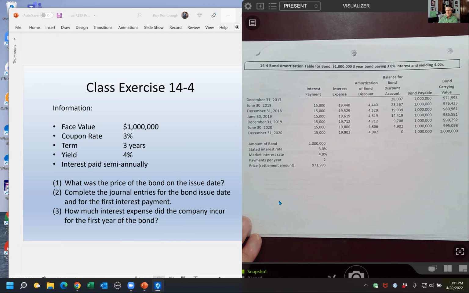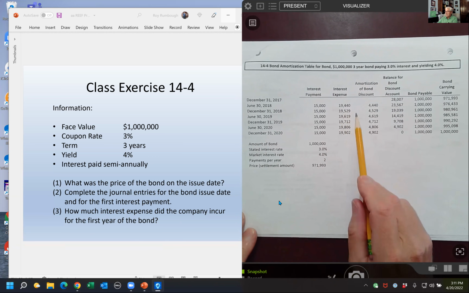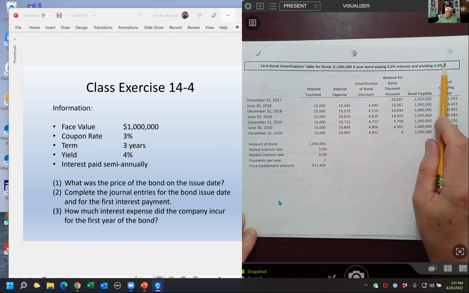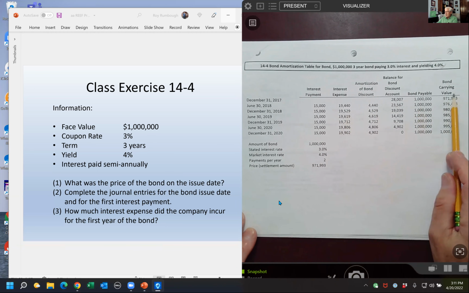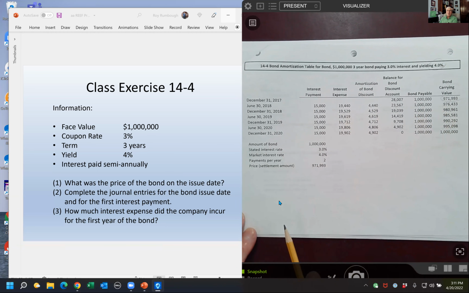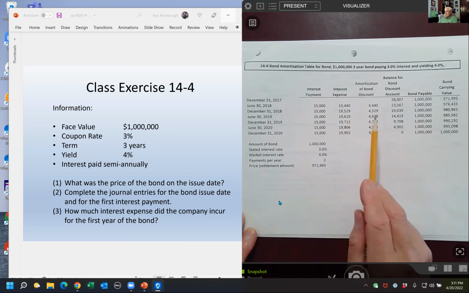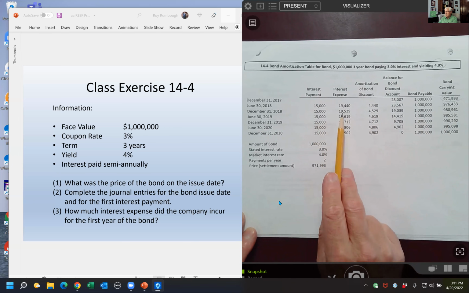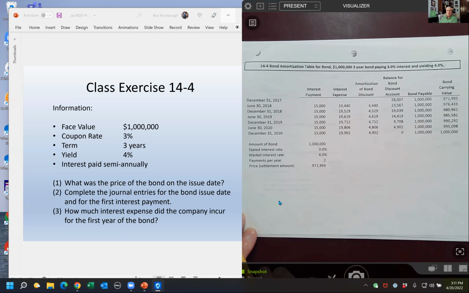So you want to go through it methodically if you're doing this on exam. So again, each of these interest expense numbers becomes 4% divided by 2 times the ending balance of the prior payment, if you will. And then how much do you amortize the bond by? It's the difference between the interest expense and interest payment.